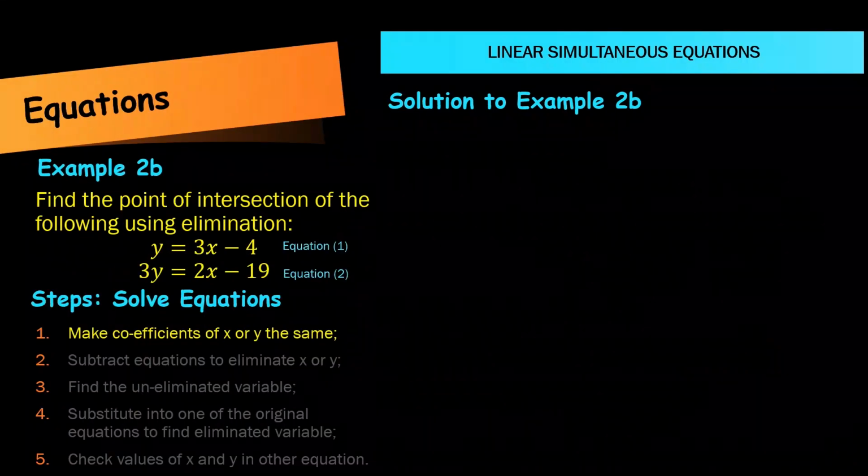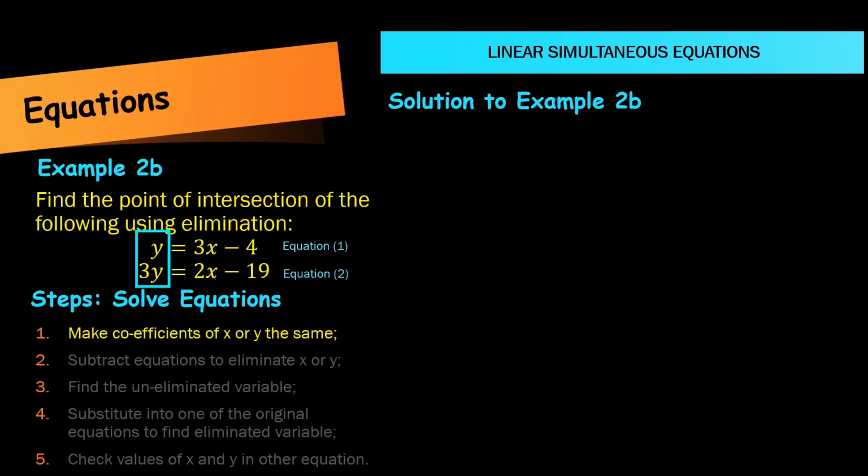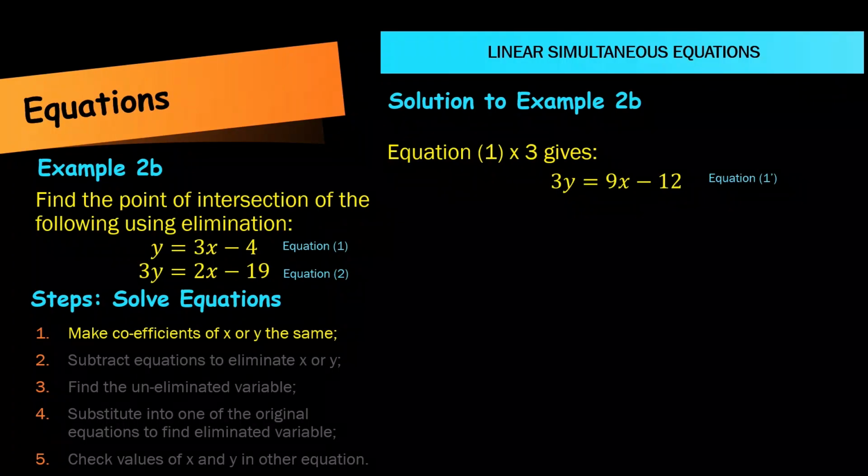We will now proceed to solve example 2b. We must either make the coefficients of y the same or make the coefficients of x the same. We will proceed to make the coefficients of y the same. Multiply equation 1 by 3 to give 3y equals 9x minus 12.